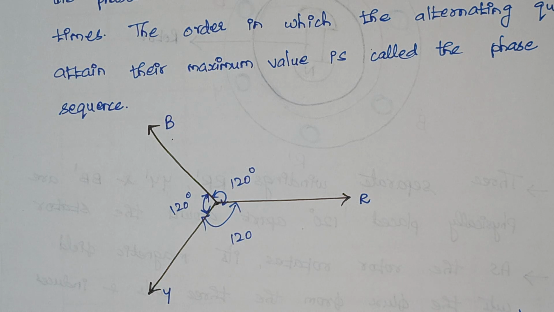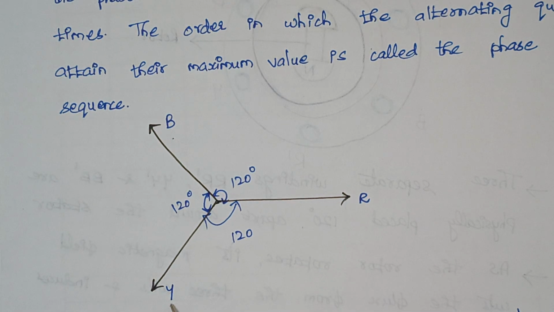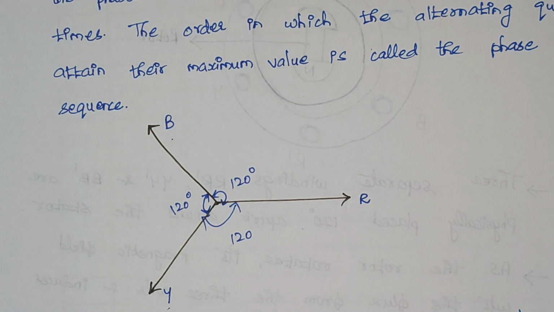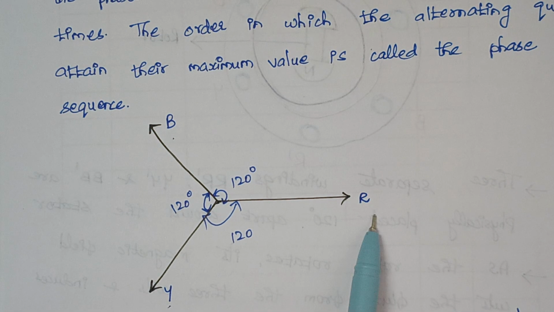It is up to you, either R, or Y, or B. But we usually keep R as our reference, because while solving problems, in order to remove unwanted things, we always keep R as reference.